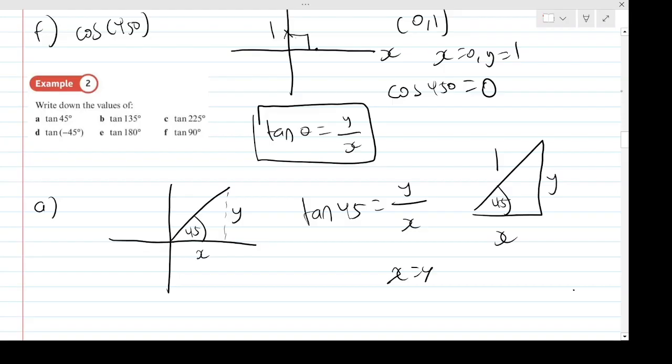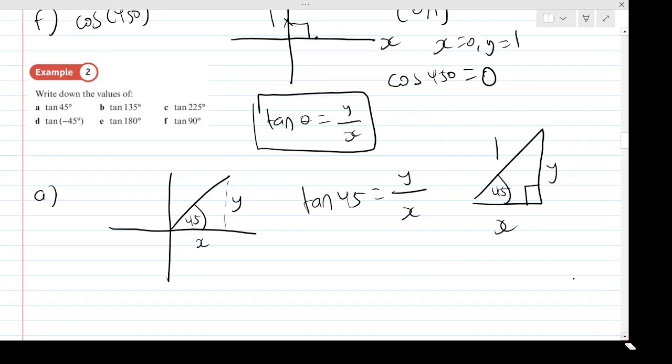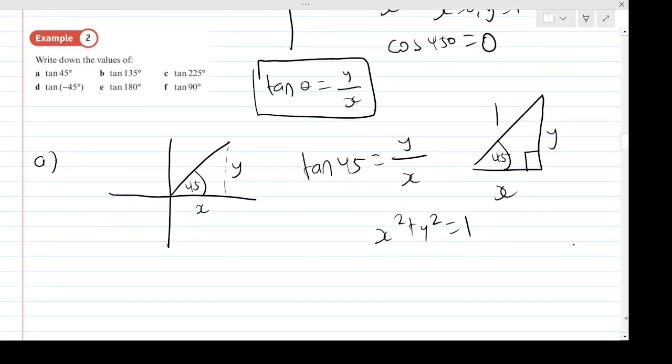So then we can find that because we can do Pythagoras' theorem, because we know that the length is 1. If we do Pythagoras' theorem on this triangle, we would say that x squared plus y squared is 1 squared, which is 1. But we also know y is also x. So x squared plus x squared, if we collect the like terms, we can say that 2x squared is 1.